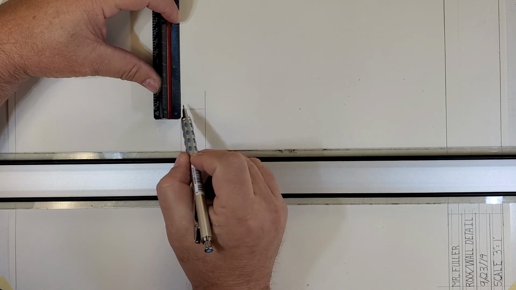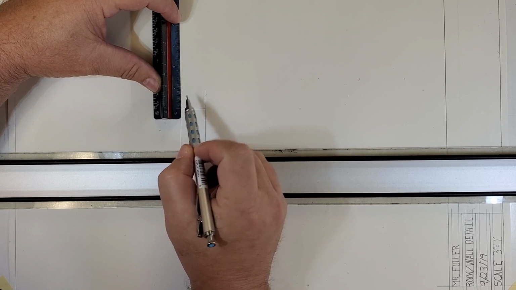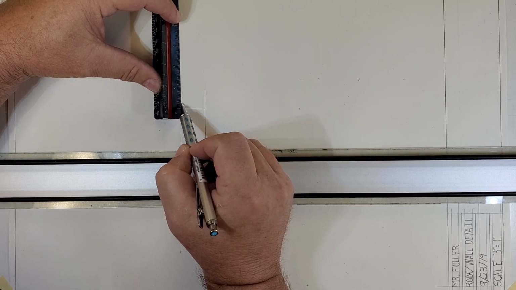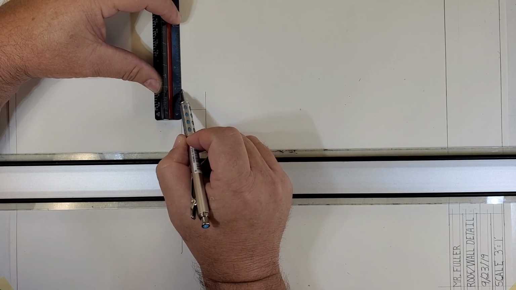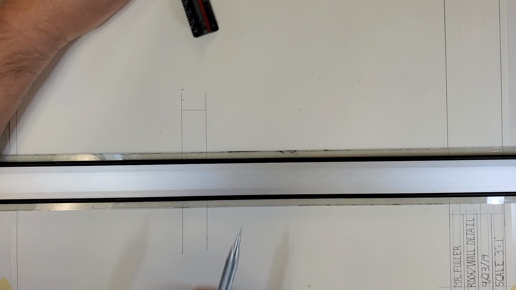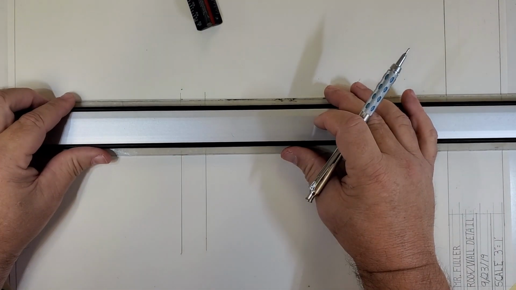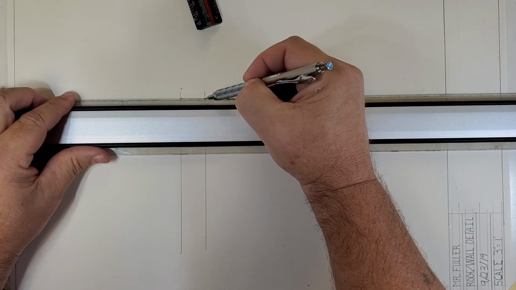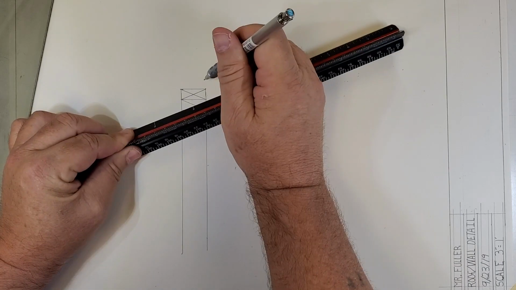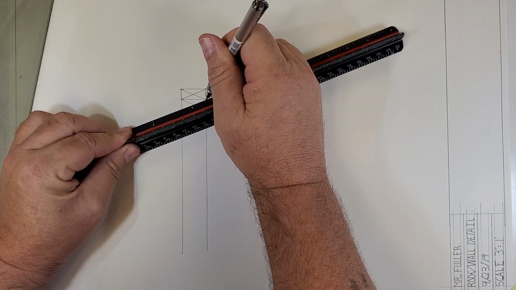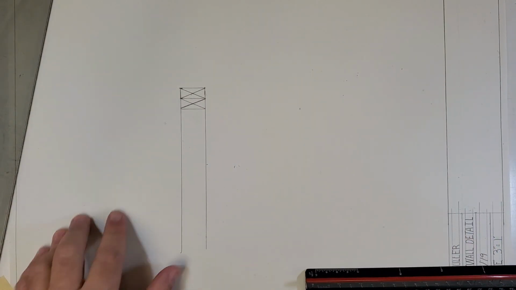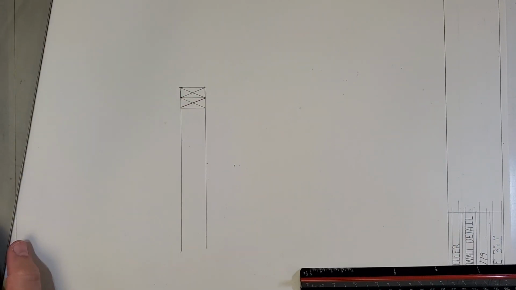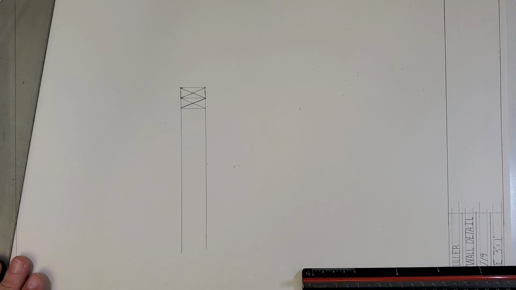So I want to go to 1.5 here, and then another 1.5 up here. Okay, so those are my top plates. The X marks the cut end of those timbers.